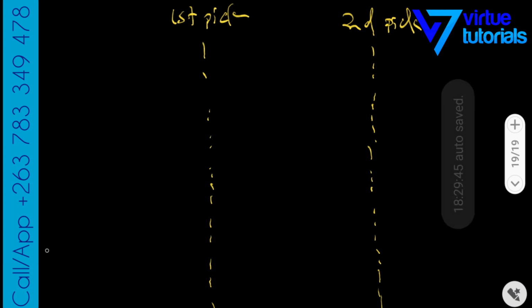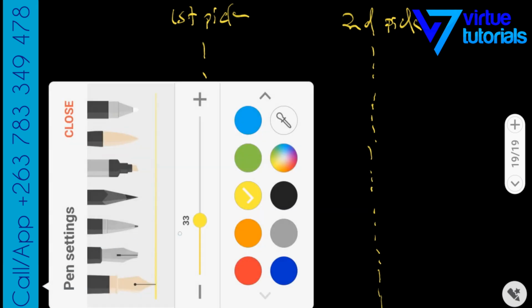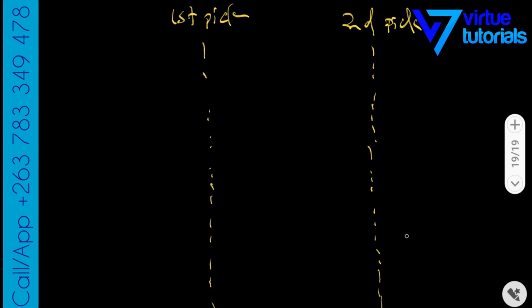Now, what we need to understand, on the first pick, maybe let me use orange, right? Tabo can either get a red ball or a green ball. So for the first pick, I draw 2 branches. One branch showing a possibility of getting a red, and another branch showing the possibility of getting a green.